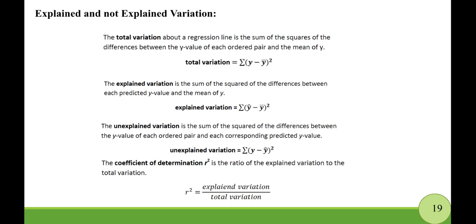The difference between these two means how much the model missed the predictions, and we want this to be as low as possible. Then we have the coefficient of determination, which can be calculated in statistics by dividing the explained variation by the total variation, which tells us how good our predictions, or our modeling, are.